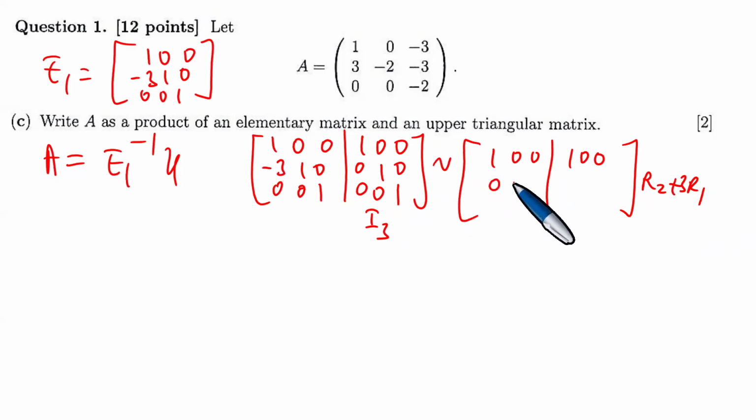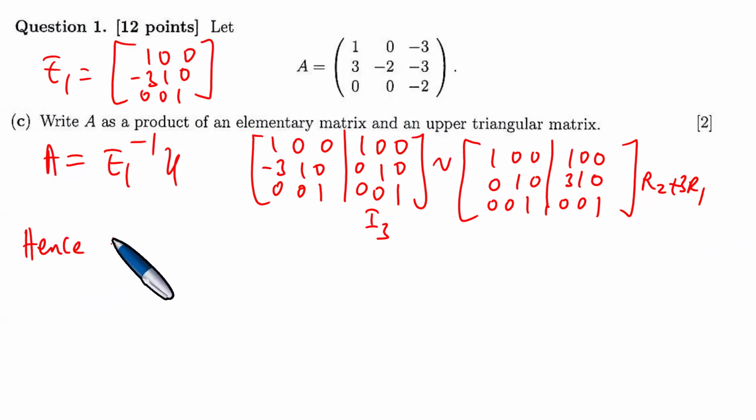That gives us a 0 here, a 1, a 0, and a 3, 1, 0 on the other side. Hence the elementary matrix E, the one they want, is the inverse: 1, 0, 0; 3, 1, 0; 0, 0, 1.